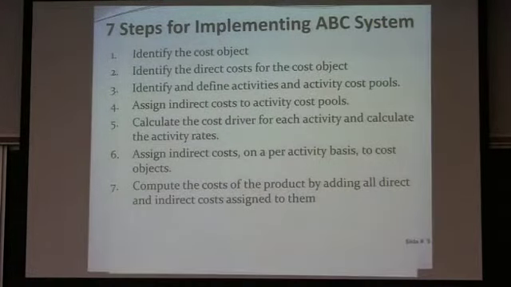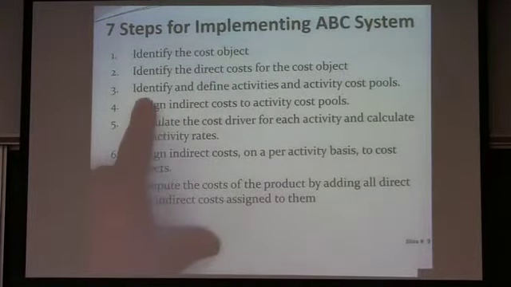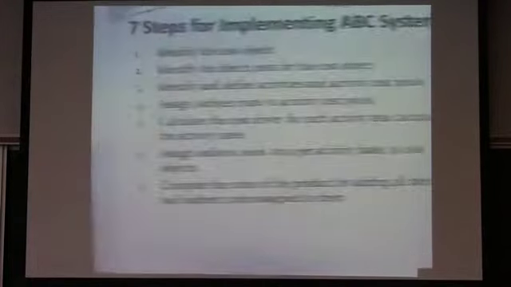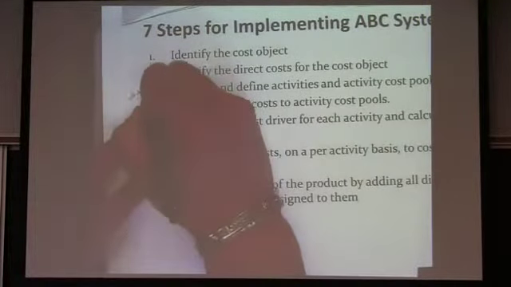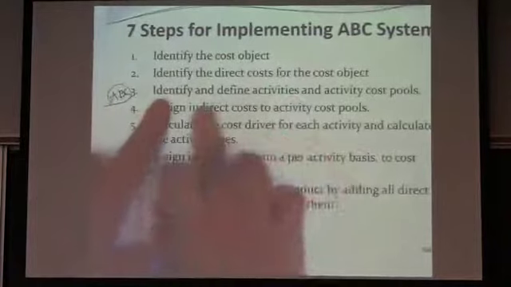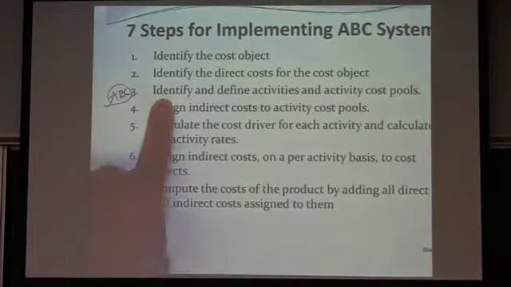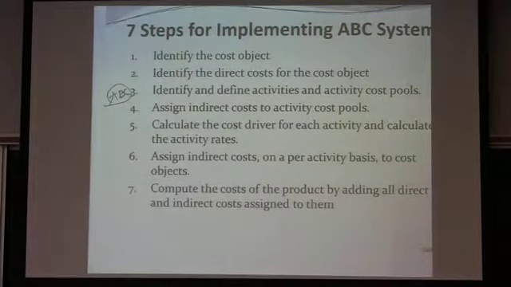In that case, it would be materials, labor, etc. And then the third step is really what's new under ABC. This is the ABC piece to it. We need to identify and define activities and activity cost pools. We'll take a look at what that is in a minute.